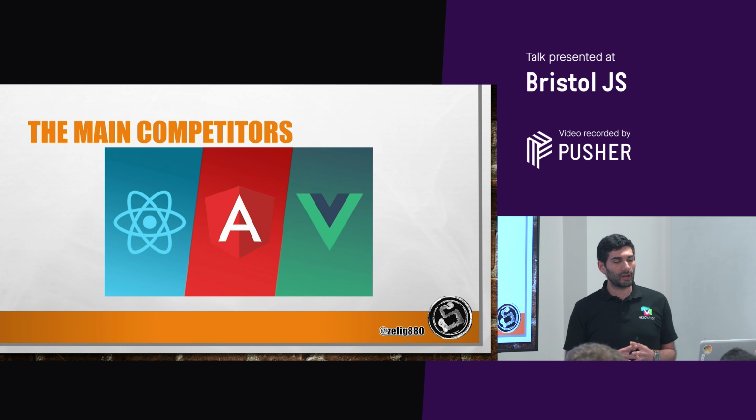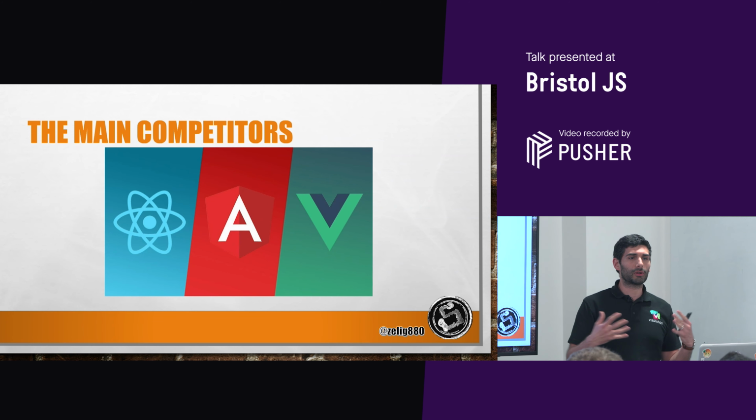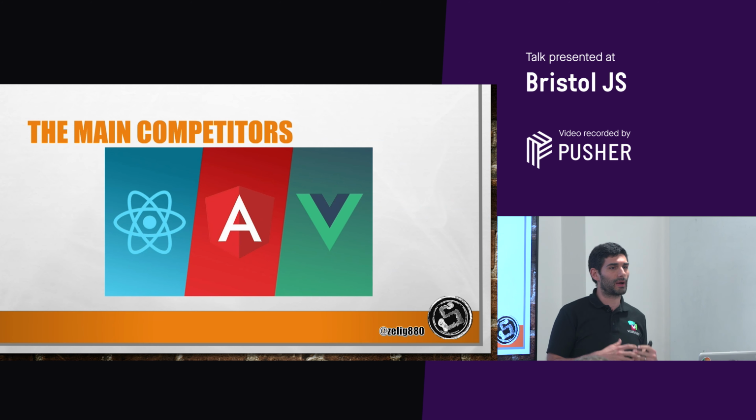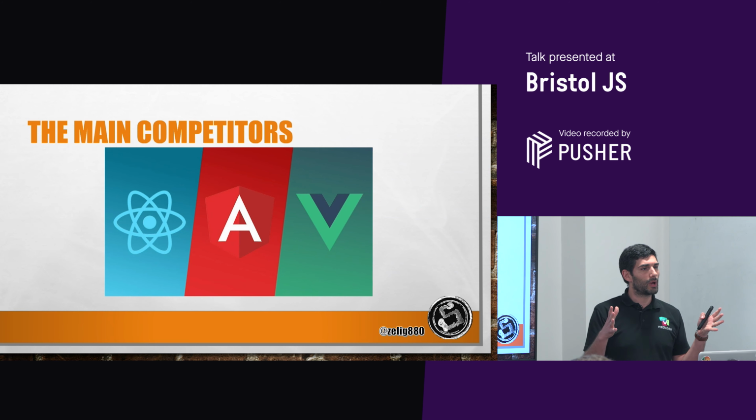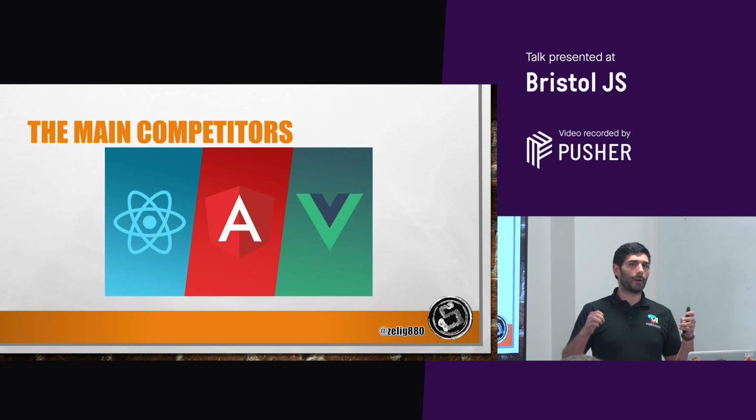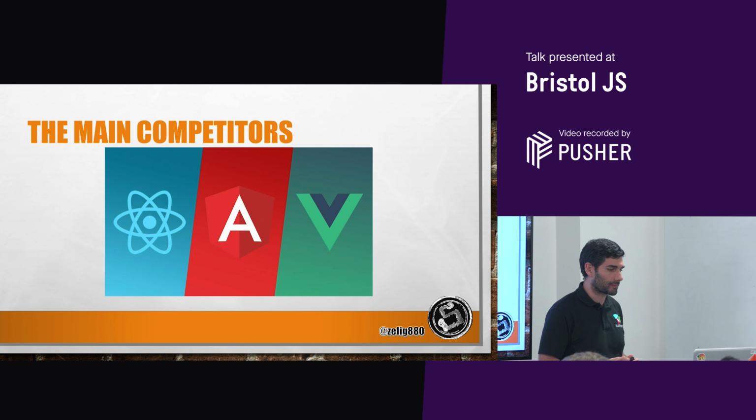What happened in the last few years, I think from 2013, 2014 onwards, is that big names such as React and Angular came into the ecosystem, and they started, I wouldn't say to slow down the speed at which JavaScript is changing, but they started to put order in the very fast-moving ecosystem.